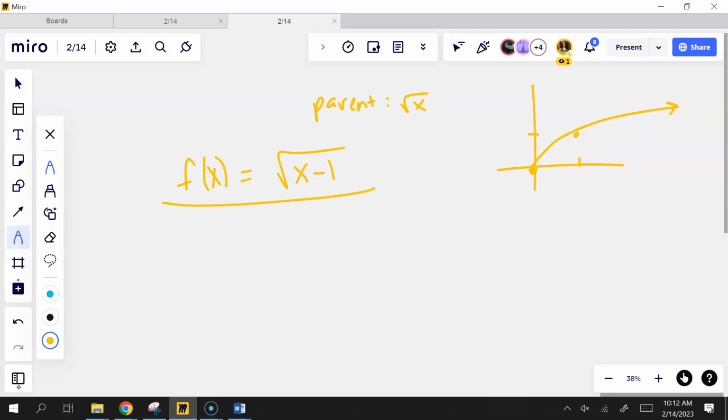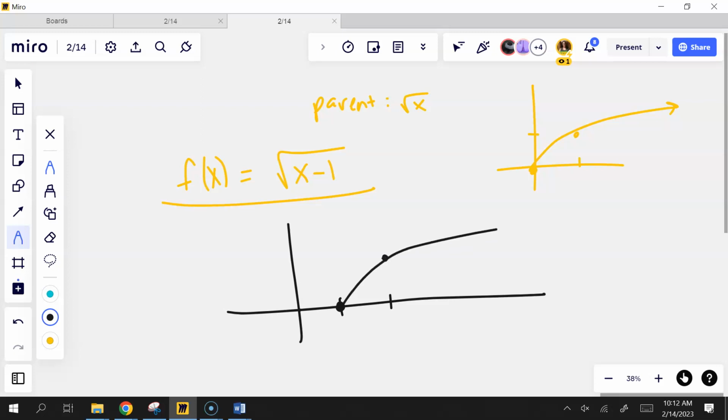What does this graph then look like? It moves everything to the right 1 space. So instead of 0, 0, that point moves to the right 1. This is the graph of the square root of x minus 1. It just moves it right 1. Anything in the world, it's just moving it to the right that many units. Does that make sense?